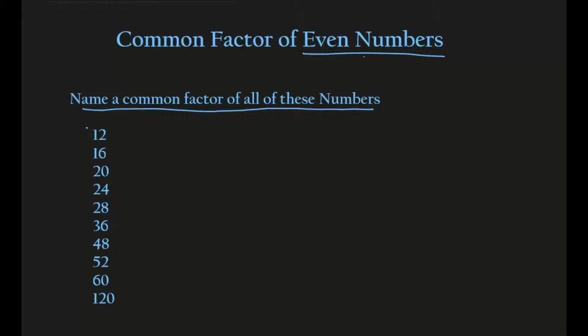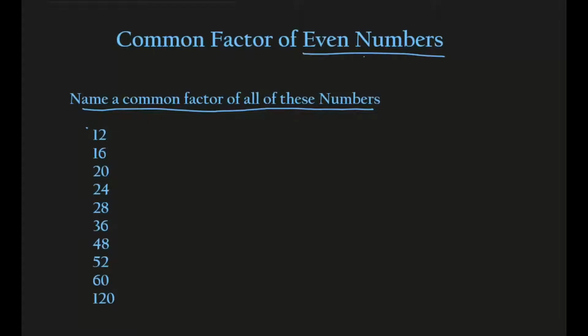Now take a look at all of these numbers: 12, 16, 20, 24, 28, 36, 48, 52, 60, and 120. We will be figuring out the common factor of all of these numbers, that means a factor that all of these numbers have.